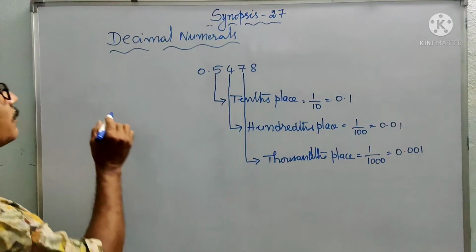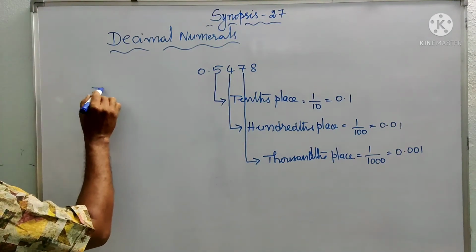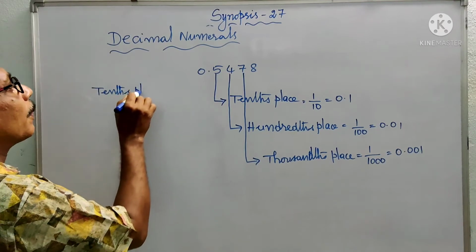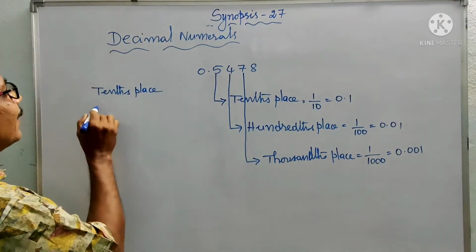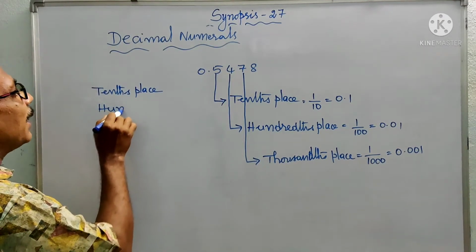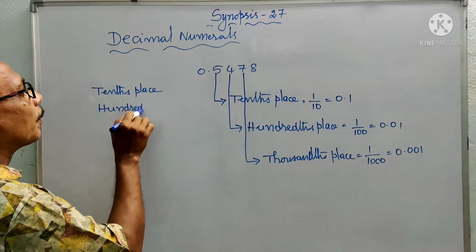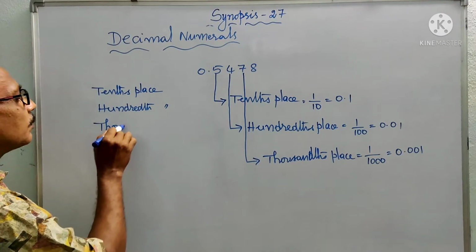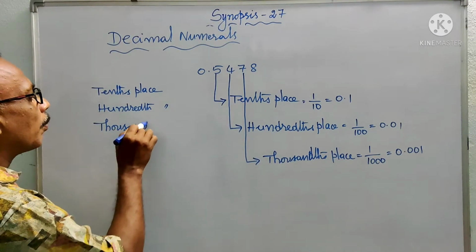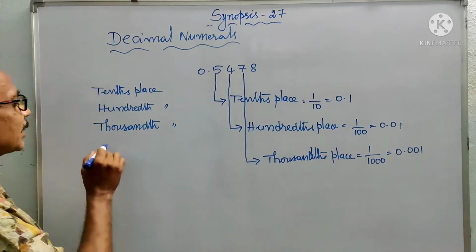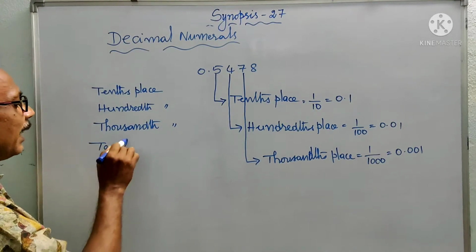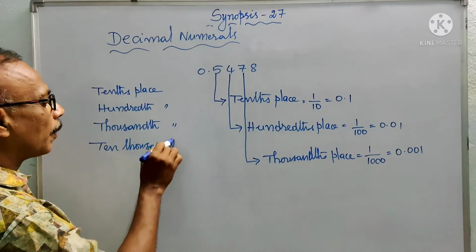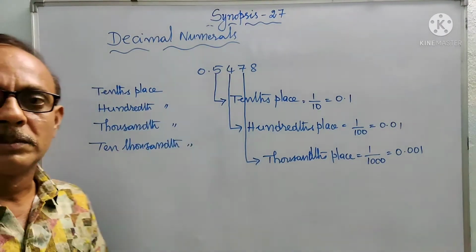So what are those place values? If you write in brief, the first place is the tenths place, the next is the hundredths place, the next is the thousandths place, and the next is the ten-thousandths place, and so on.